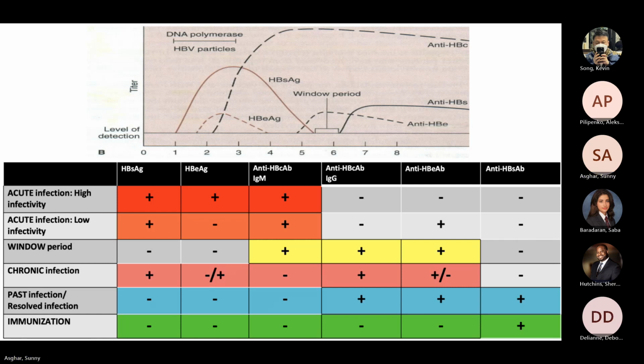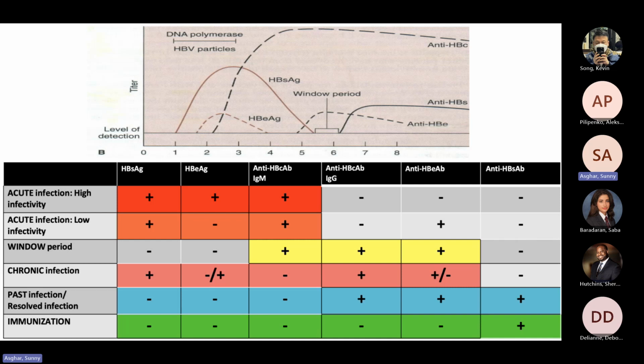So for instance, this is our hepatitis B surface antigen. HBsAg stands for surface antigen, and it's going to appear early in the infection. This graph shows when we have infection and when it's resolved.